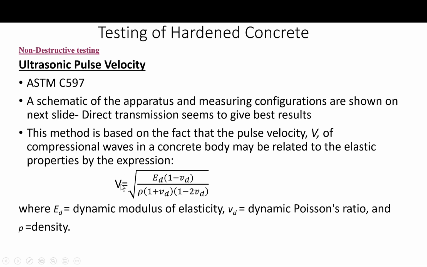Basically, V equals the square root of E sub D, which is the dynamic modulus of elasticity, times 1 minus nu sub D, which is the dynamic Poisson's ratio, over rho times 1 plus nu sub D times 1 minus 2 times nu sub D. Rho is the density, nu is the dynamic Poisson's ratio, and E sub D is the dynamic modulus of elasticity.